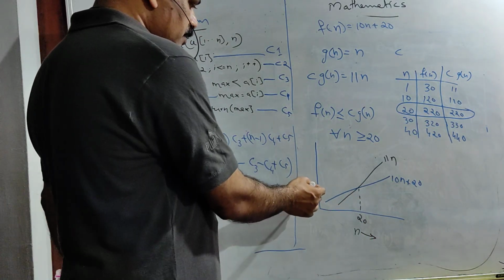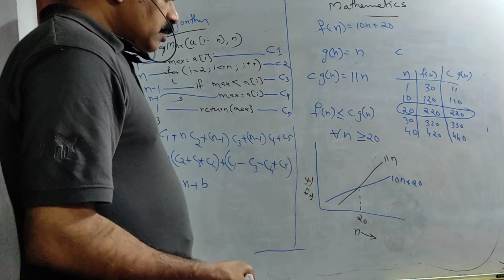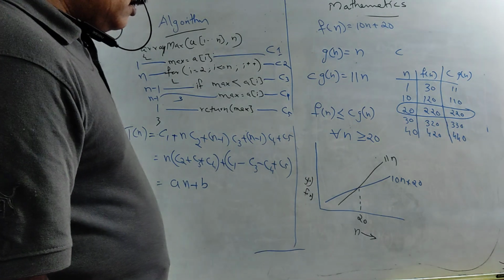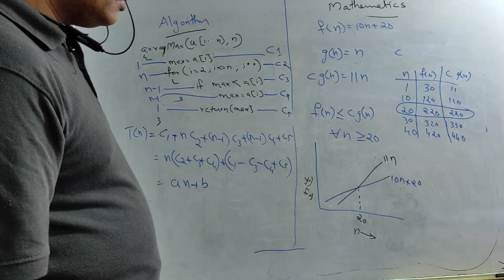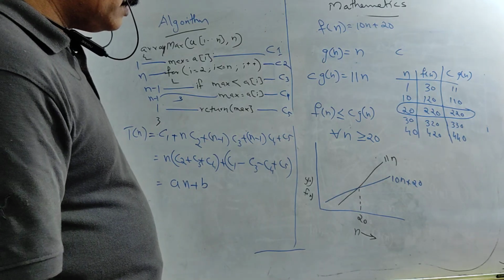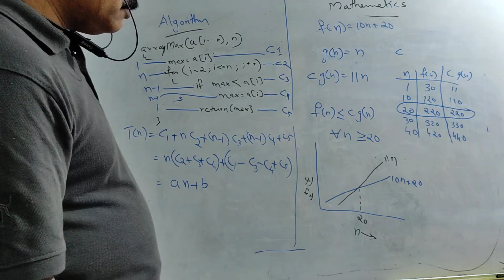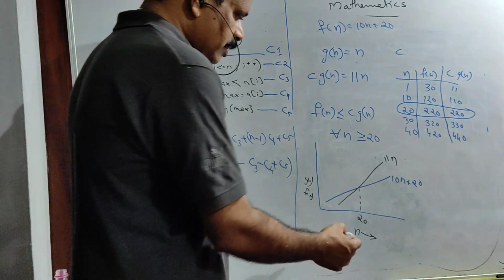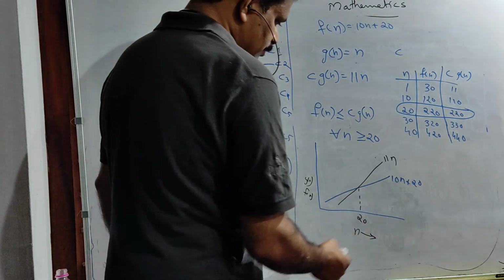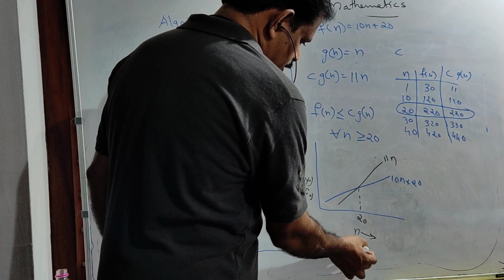So this way it is f of n or g of n. Okay, so we have a function g of n such that c into g of n is always greater than or equal to f of n for all values of n greater than some n0. Okay, in our case this n0 is 20.